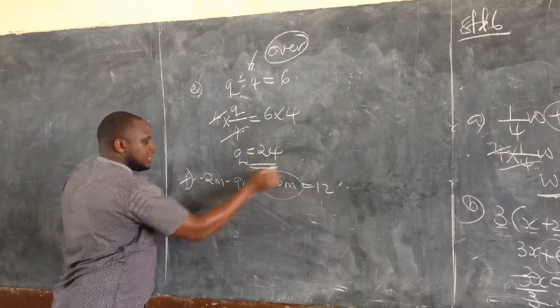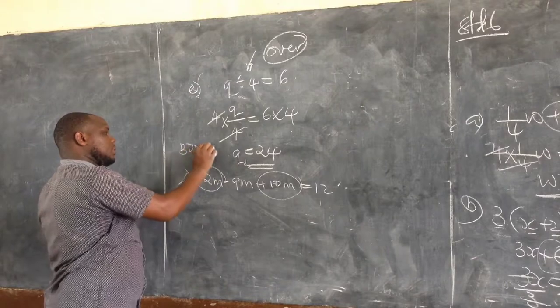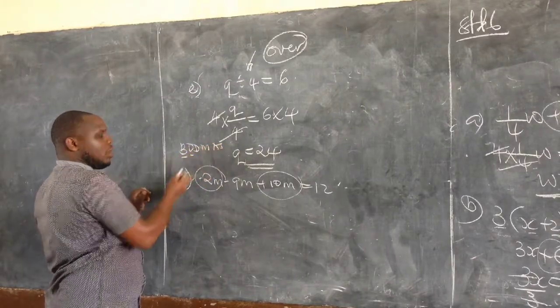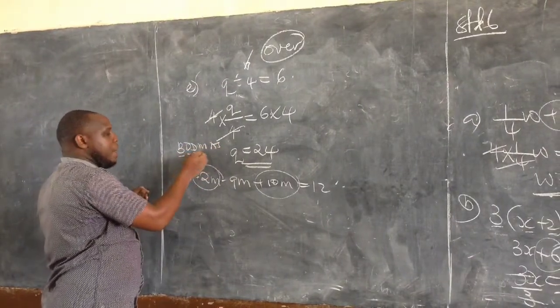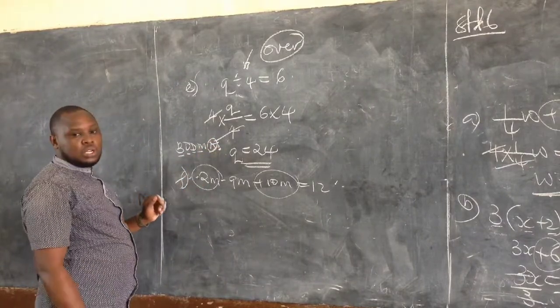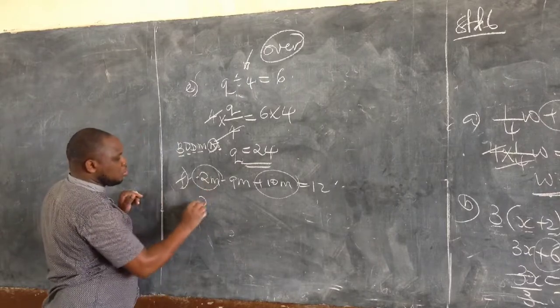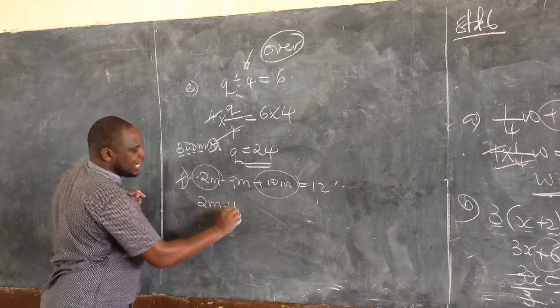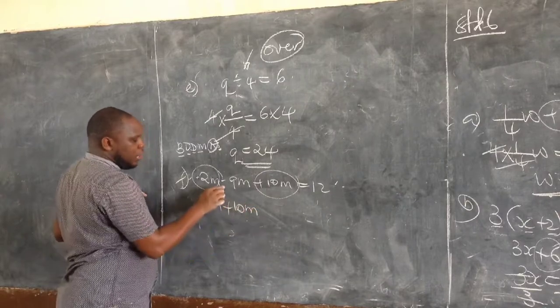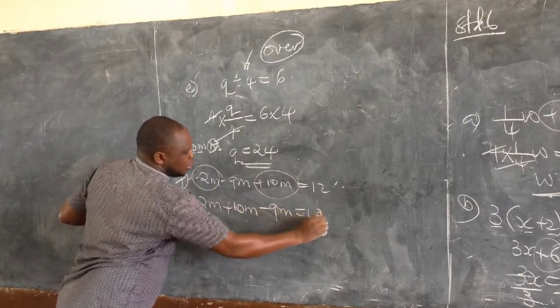So you take this, you add this first. Remember the issue of BODMAS. Brackets, division, multiplication, addition. Addition comes before subtraction. So you are going to do number 1, addition. So you are going to do 2m plus 10m. Now you bring your subtraction sign there, is equivalent to 12.